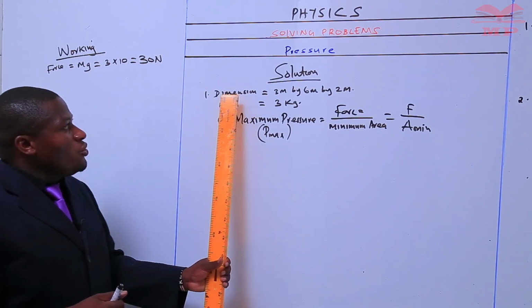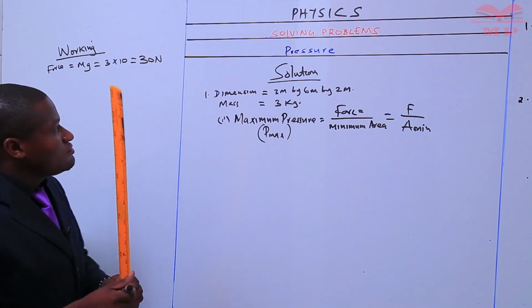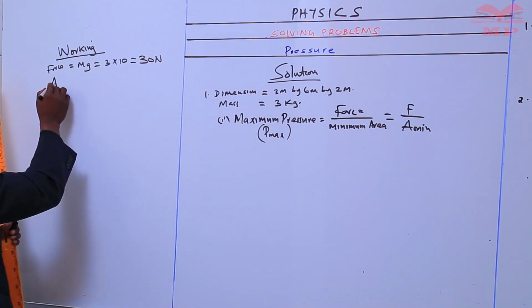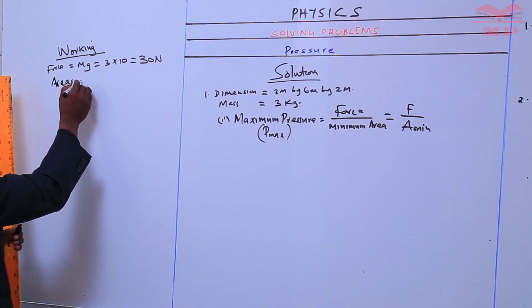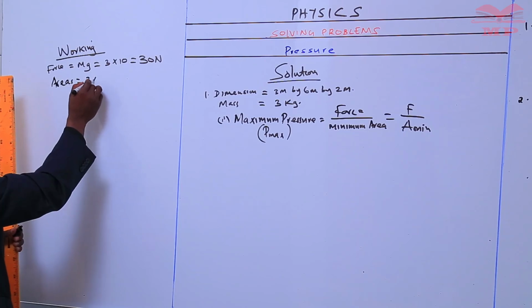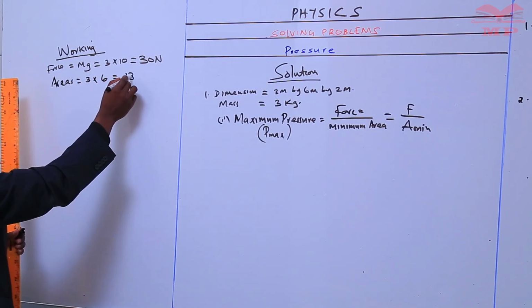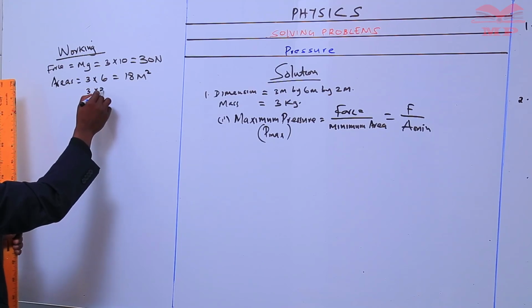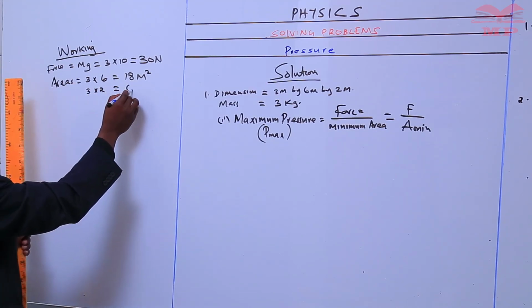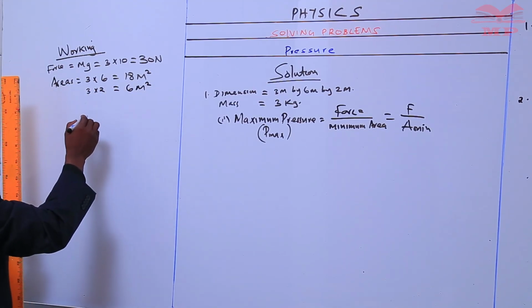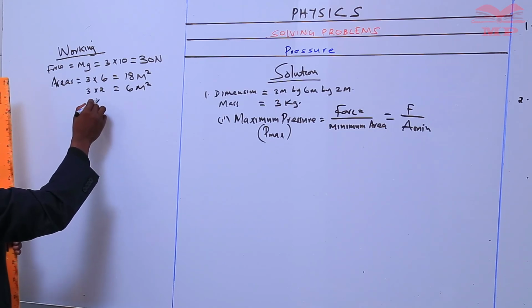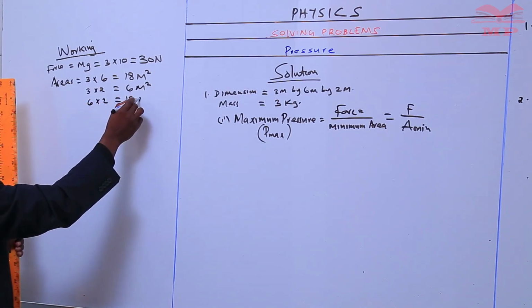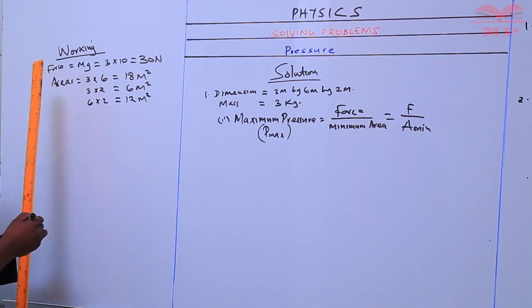Then for area, we use the dimensions that we have been given. So we have areas. We have 3 times 6, which equals 18 meters squared. We have 3 by 2, which gives me 6 meters squared. Then we have 6 by 2, which equals 12 meters squared.